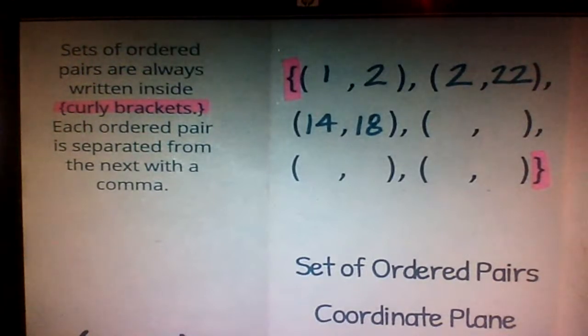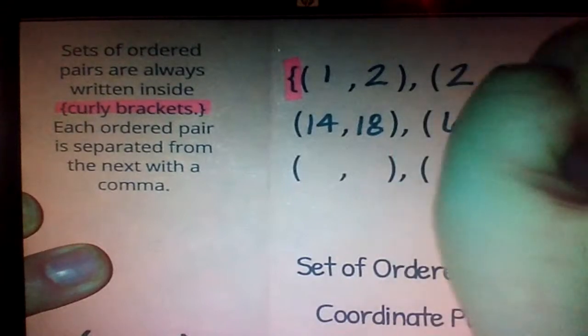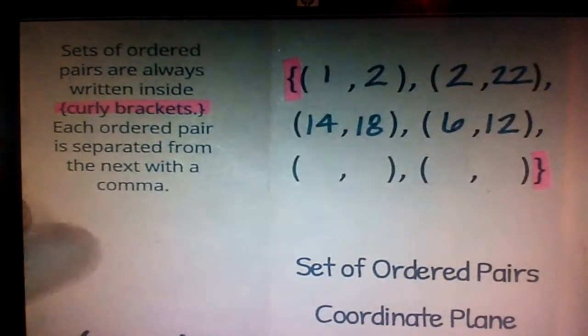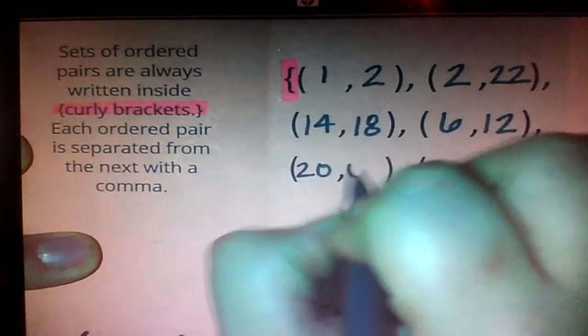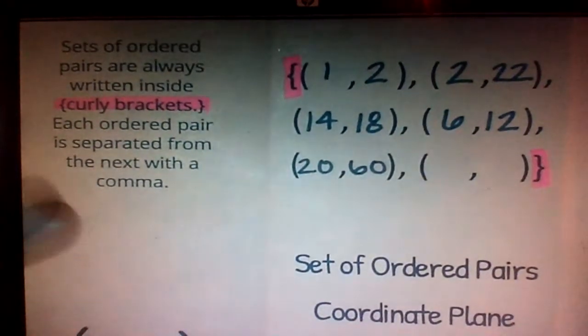Xavier, give me 2. 6 and 12. 6 is in a relationship with 12. Justo, go ahead. 20 and 60. 20 is in a relationship with 60.